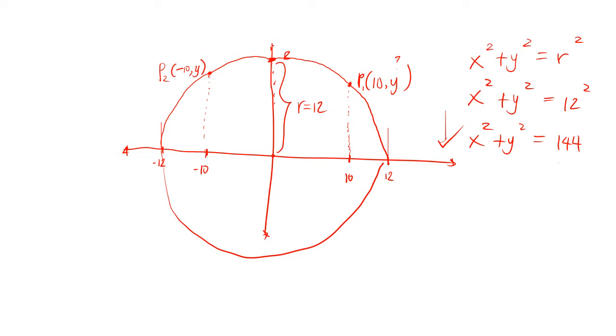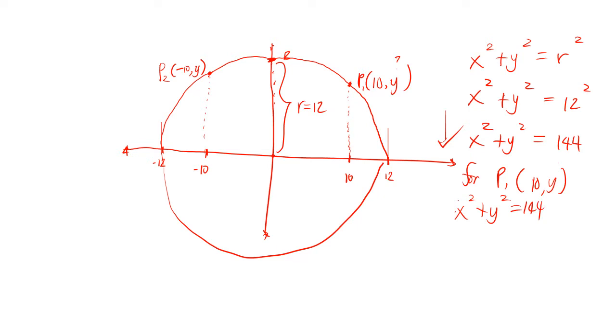Thus, for P1, the x value or the x coordinate is 10, and y, of course, is the unknown. Therefore, x squared plus y squared equals 144.